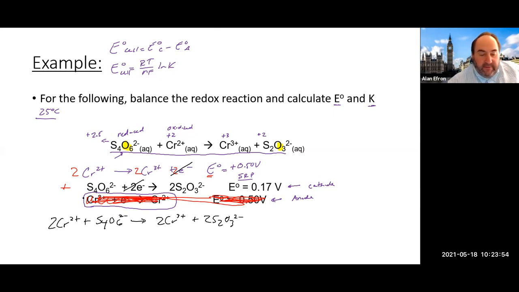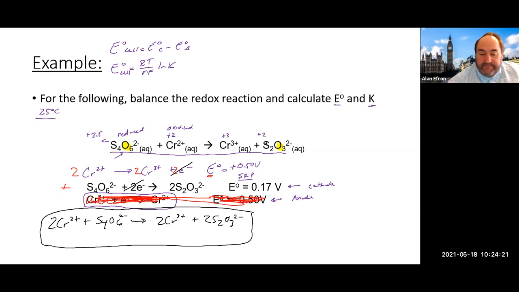That hopefully should be balanced. You got 4 sulfurs on each side, 6 oxygens on each side, 2 chromiums on each side. Overall charge on the left is +4 and -2, which is +2. Overall charge on the right is +6 and -4, which is +2. So this would represent the balanced equation that's happening. Any questions on that?